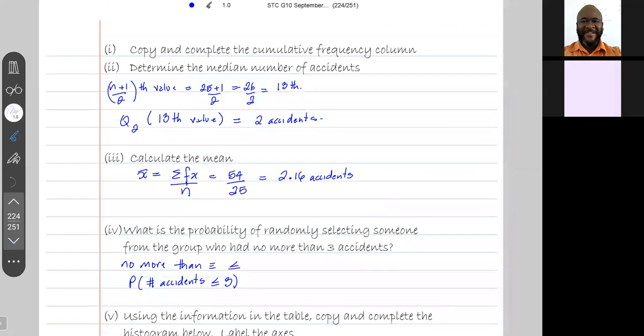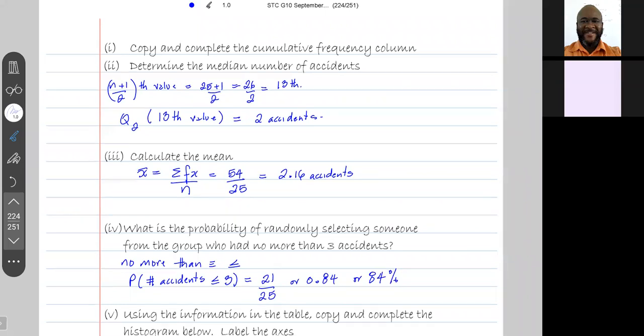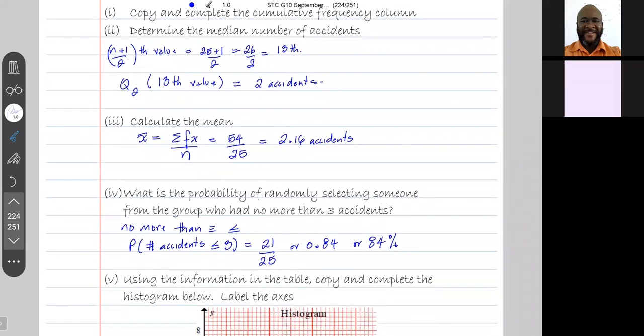So the probability is 21 out of 25, or 0.84, or 84%. So there is an 84% chance that if you select someone at random from the group, that person had either 3 accidents or less.